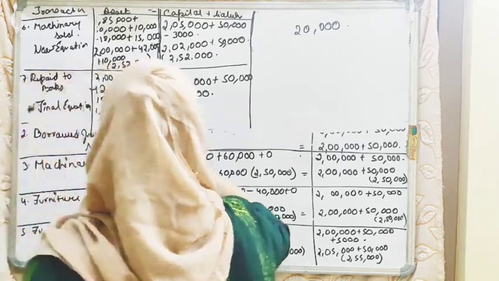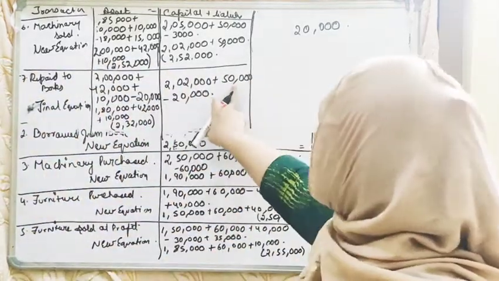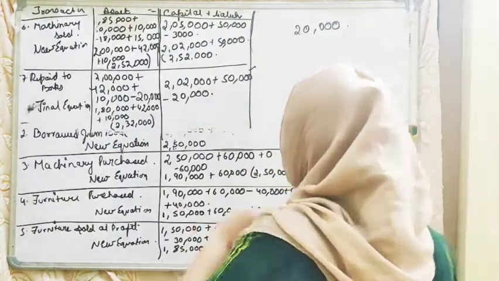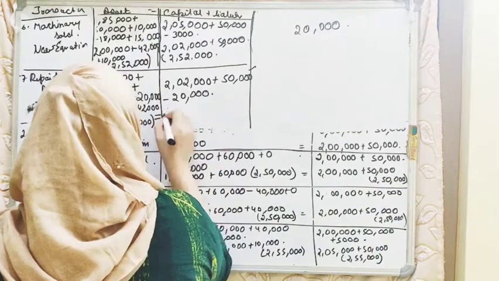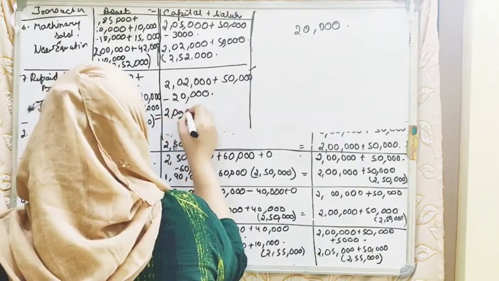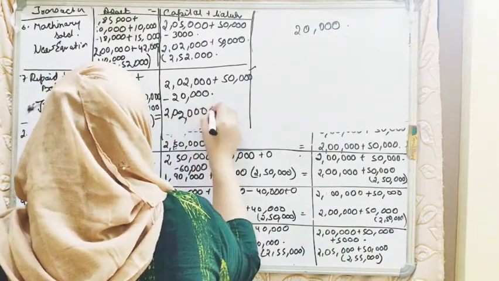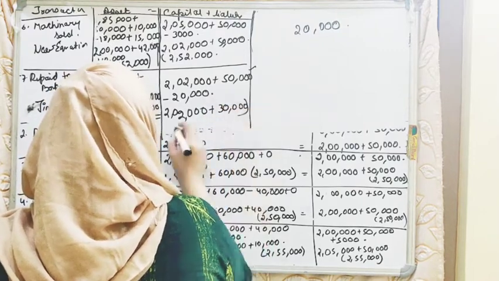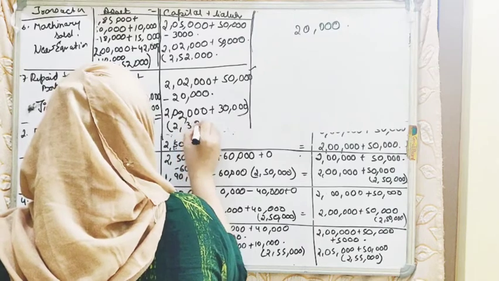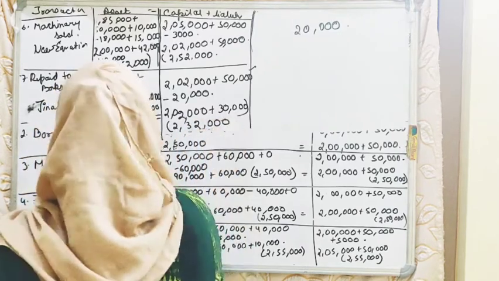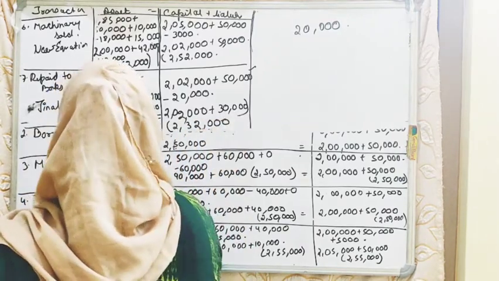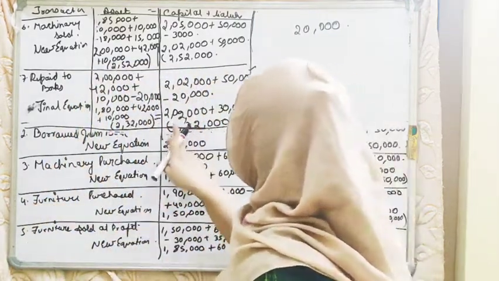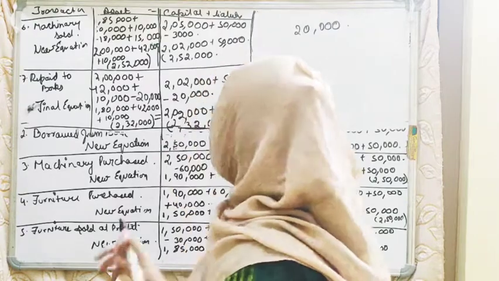And we subtract 20,000 from this amount, that is 50,000, which is a credit from the bank. So we'll write 2,32,000 is equal to 2,02,000 plus 30,000, 2,32,000. This is your final equation.